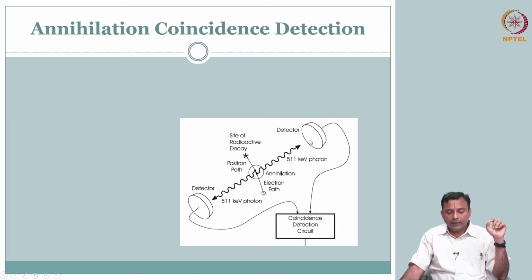So if you are able to detect these two and you have a very good timer circuit for when these two are getting hit, then I may be able to say whether they are near simultaneous. If they are near simultaneous, along the line that is joining the detectors is where this activity has happened. So it is a coincidence detection circuit.